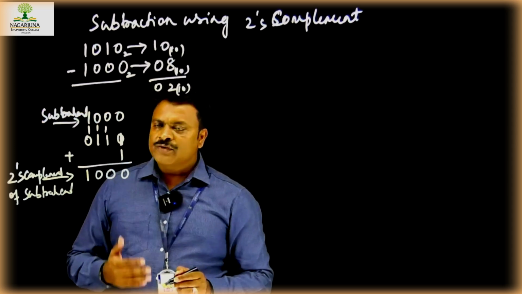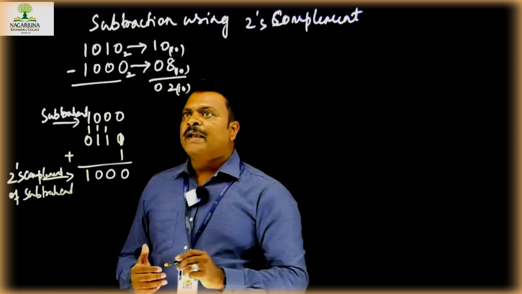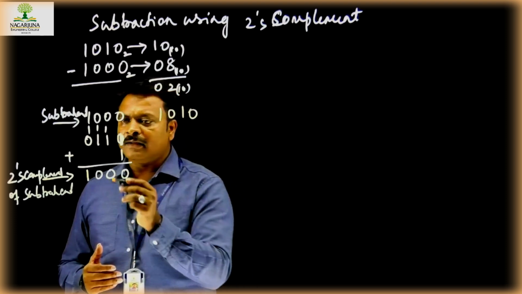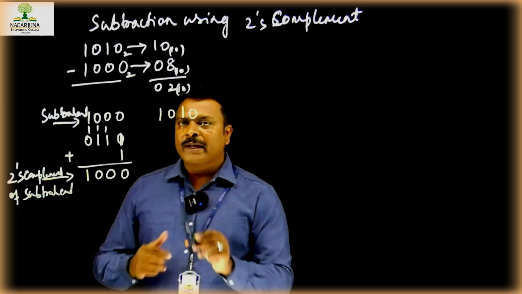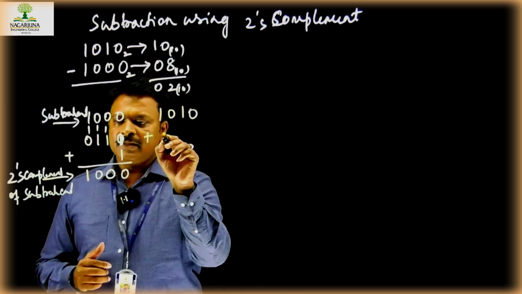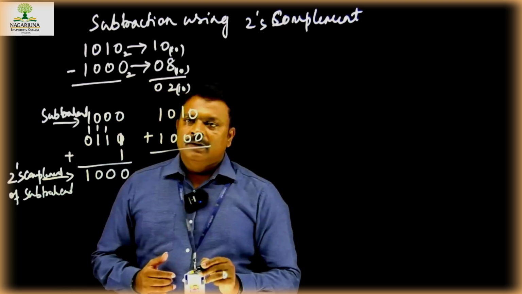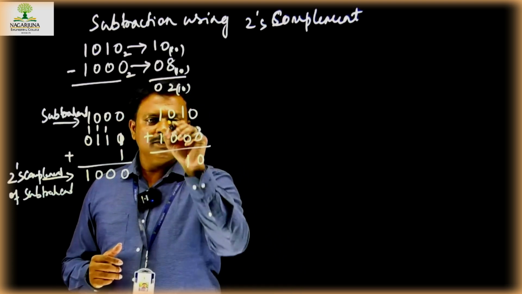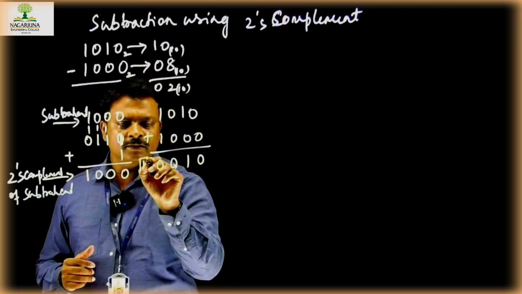As usual, retain your minuend as it is, that is 1010, and add the two's complement of the subtrahend, that is 1000. Now addition: 0 plus 0 is 0, 1 plus 0 is 1, 0 plus 0 is 0, 1 plus 1 is 0 and the carry is 1.